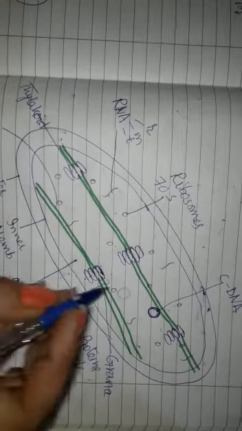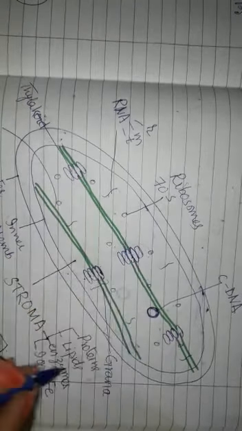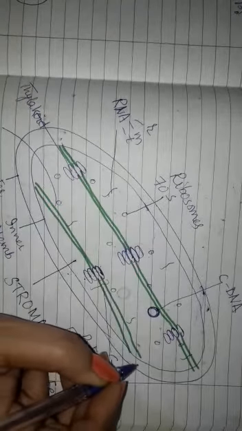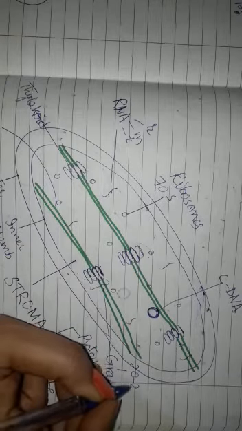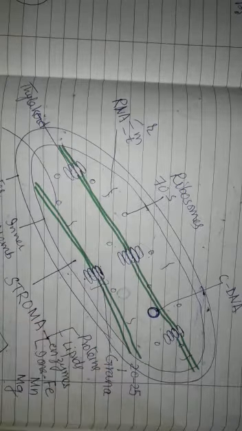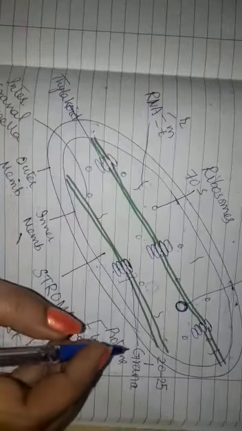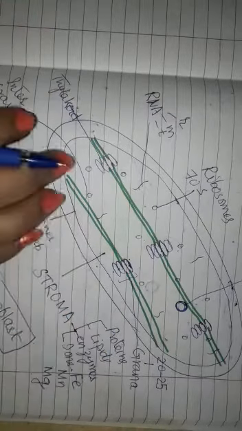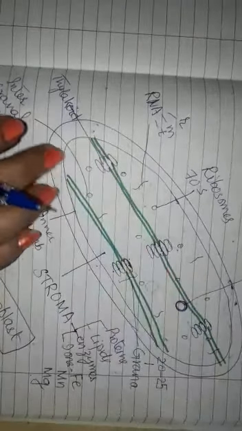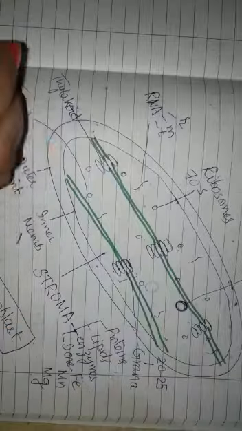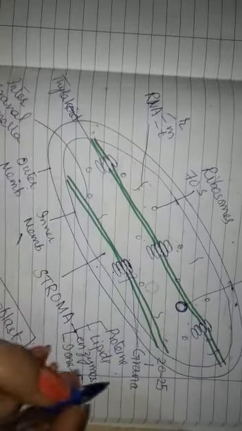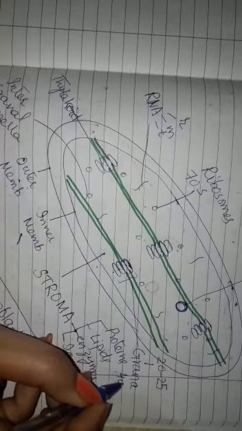In a granum, there are present 20 to 25 thylakoids, and in the stroma, one chloroplast can have 40 to 100 grana.